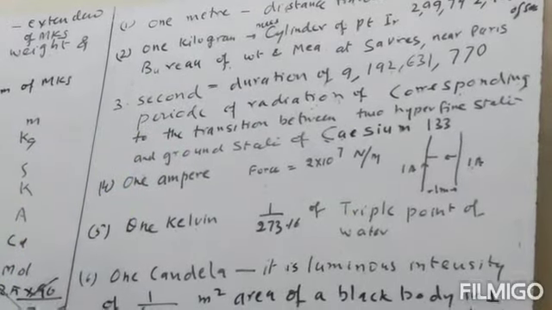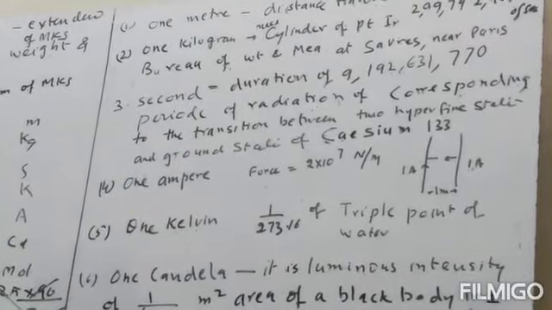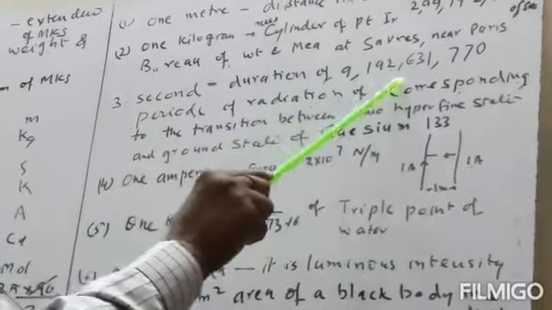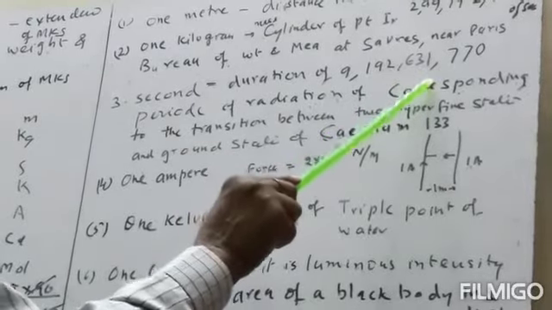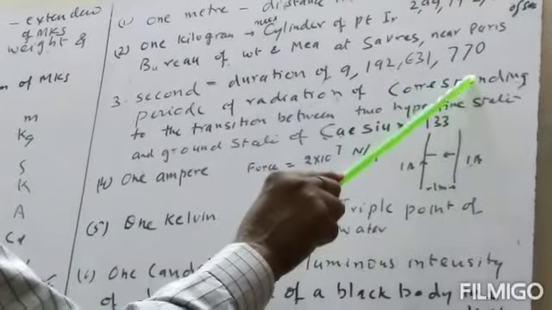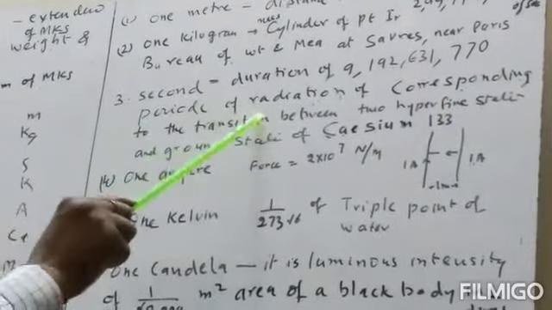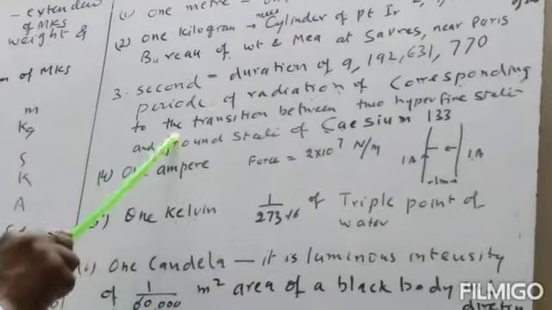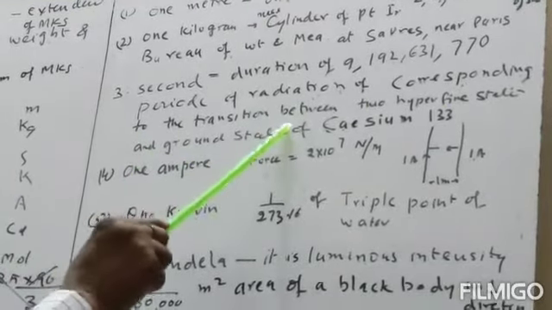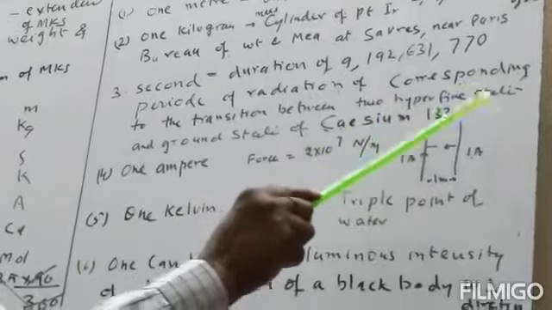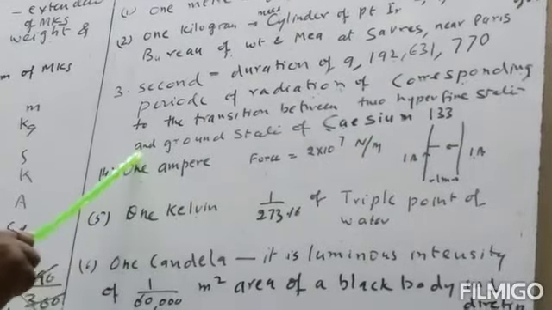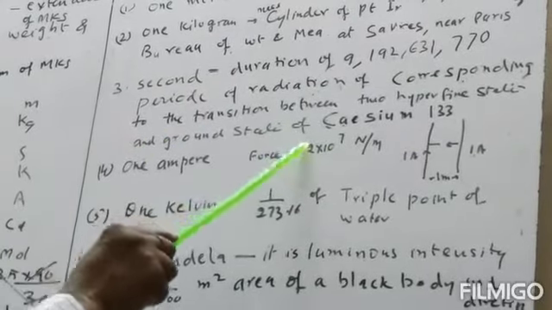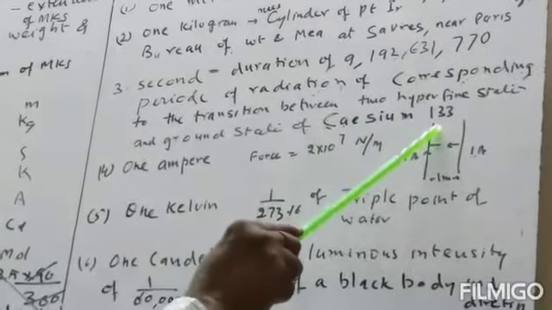Once again, what is 1 second? 1 second is the time for which there are 9192631770 periods of radiation corresponding to the transition between two hyperfine states, to the ground state of cesium 133.